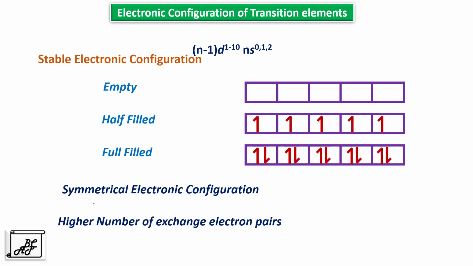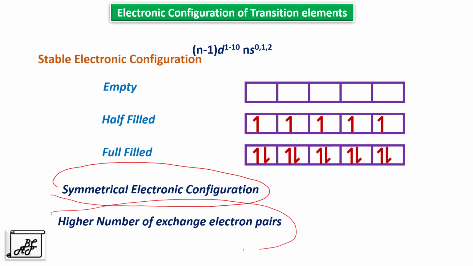So these empty, half-filled and full-filled configurations are called stable electronic configurations. This is because all of these are symmetrical electronic configurations and they have a higher number of exchange pairs of electrons. So we can easily understand that the full-filled electronic configuration is the most stable as it contains the highest number of exchange electron pairs.